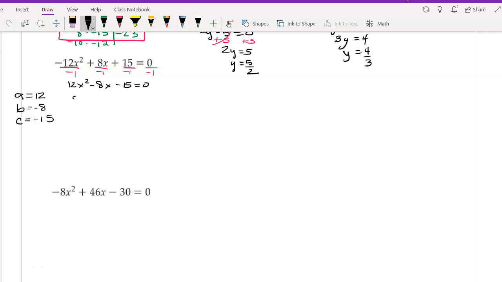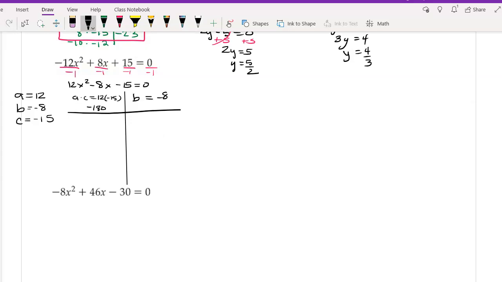So A times C equals 12 times negative 15, which in this case gets us a large number of negative 180. Then we have our B term, which equals negative 8. So we need to find the factors of negative 180 that'll get us a negative 8.